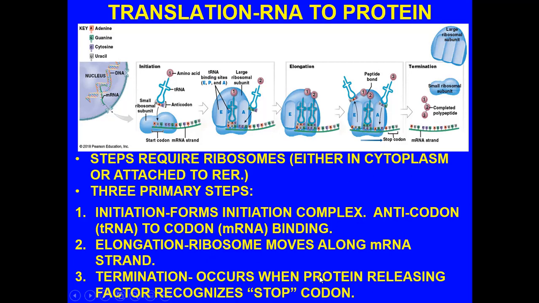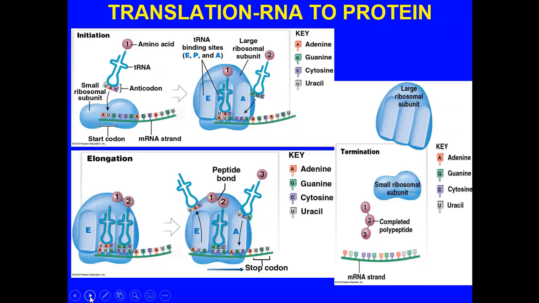And when the ribosome gets the stop codon, everything falls apart. The protein is released. You have supposedly a releasing factor that plays a role in this also. And what happens is the larger ribosomal subunit and the smaller one separate out. You've got your completed polypeptide, and the messenger RNA will then float around. It may be used again, or it may be broken down by enzymes.